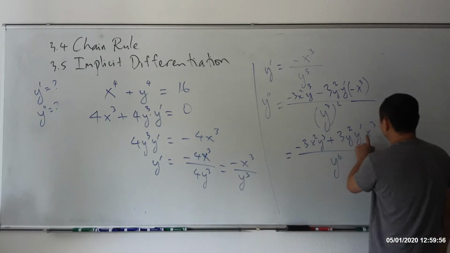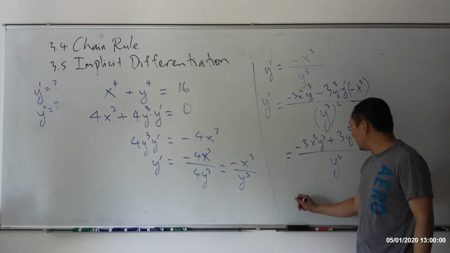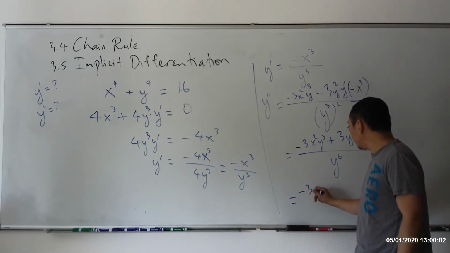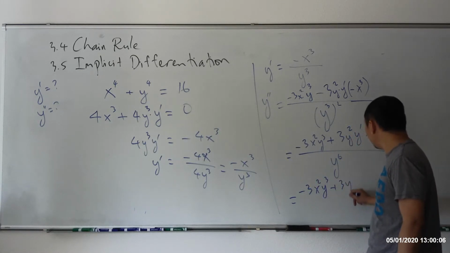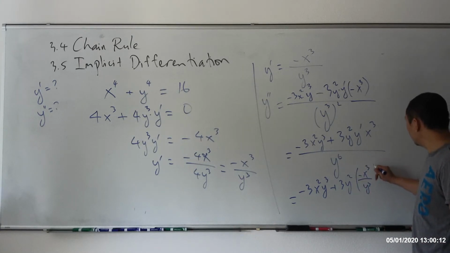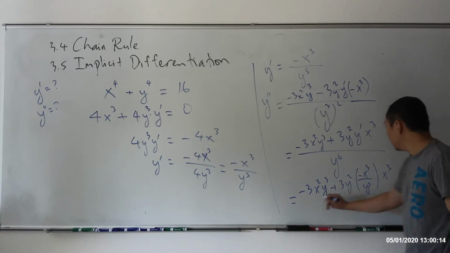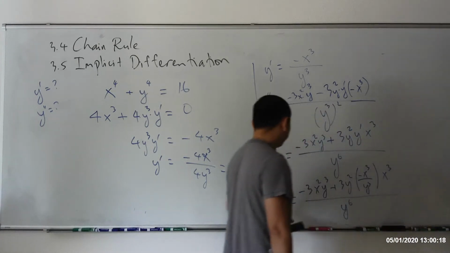Now we're going to replace the y prime by this fraction that you have before. So this is negative 3x squared y cubed plus 3y squared, and y prime is negative x cubed over y cubed, and then times x cubed all over y to the 6, and then of course simplify.